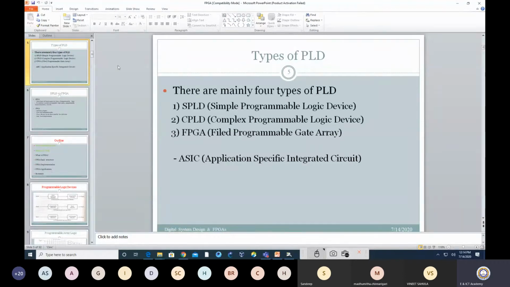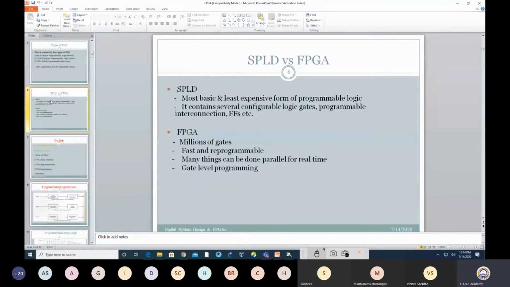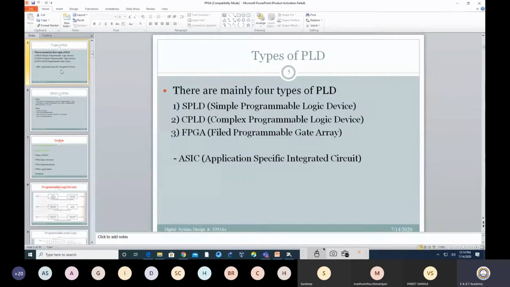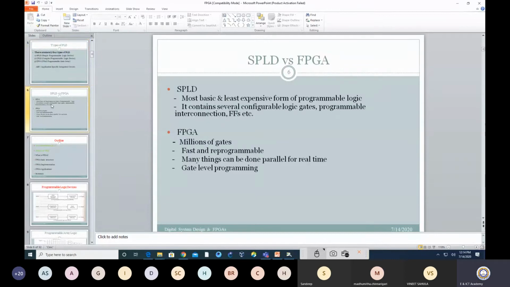Now, what is SPLD and what is FPGA? SPLD is the most basic and least expensive form of a programmable logic device. If you go from SPLD to FPGA, of course your programming capability would increase, but at the same time the cost also increases. An SPLD can still support some basic programmable logic.